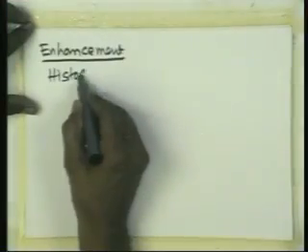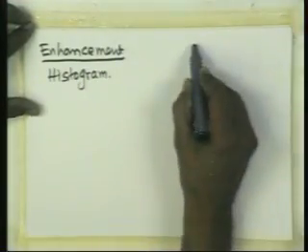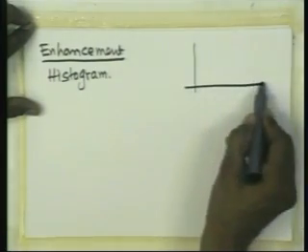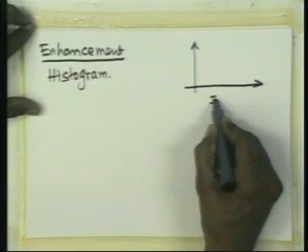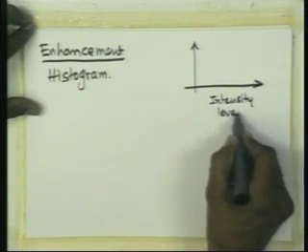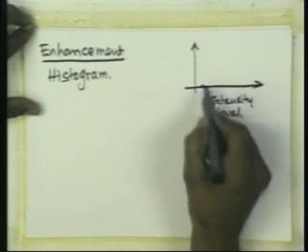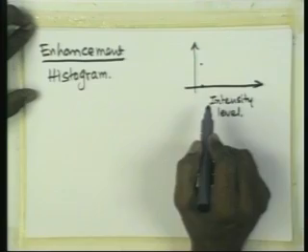So one of the basic ways in which we do enhancement is by looking at the histogram. In a histogram, we take some intensity level and count how many pixels are there at that particular intensity level.